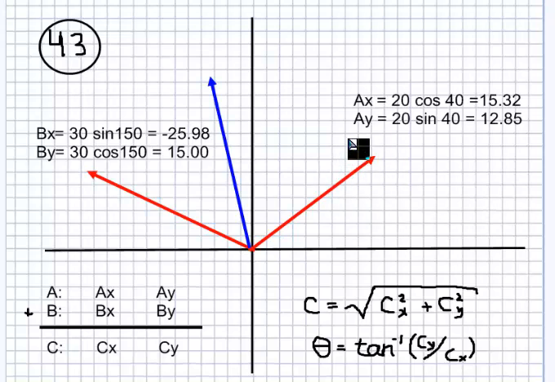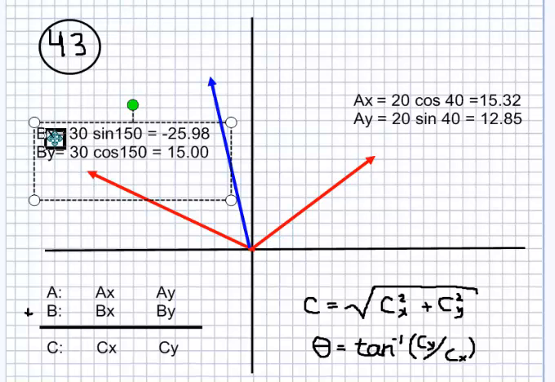So here's vector A. A in the x direction is 20 cos 40. A in the y direction is 20 sine 40. Notice both of those are positive, positive x, positive y. If we take a look at vector B, we can say Bx is, whoa, we got a little problem here. I need to do a little editing.